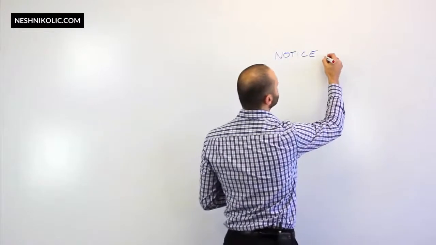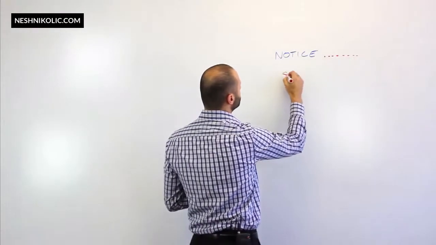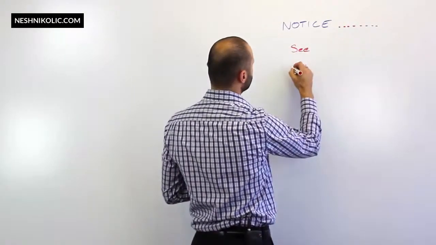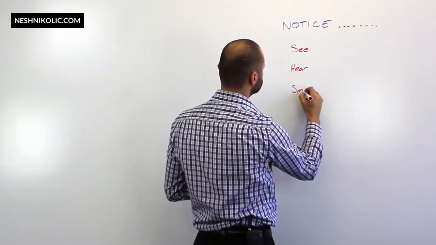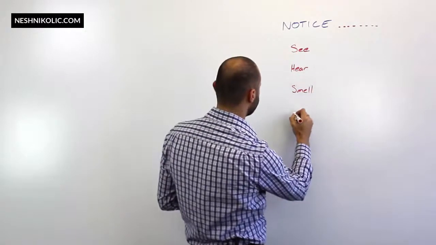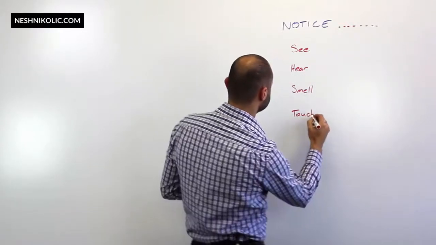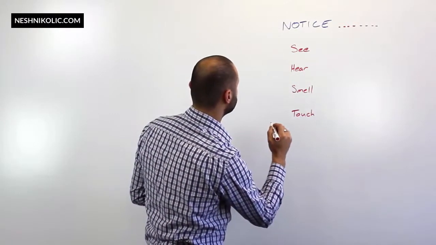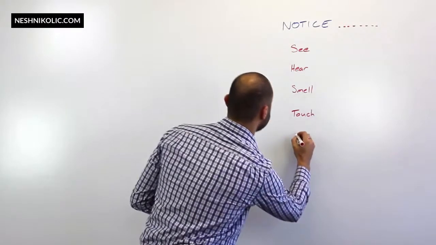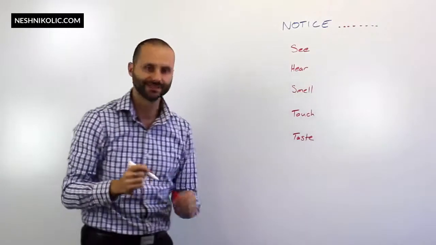So we just say notice X, and X might be notice what you can see, notice what you can hear, notice what you can smell, notice what you can touch, and notice which one have I left out, and taste. And notice what you can taste.